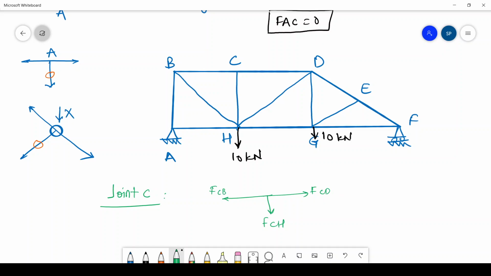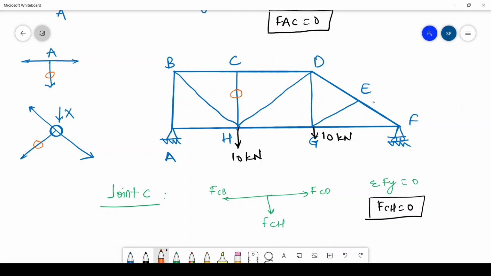If I apply summation Fy equal to 0, what will I get? FCH equal to 0. Means what? This is a zero force member. This is going to be a zero force member.